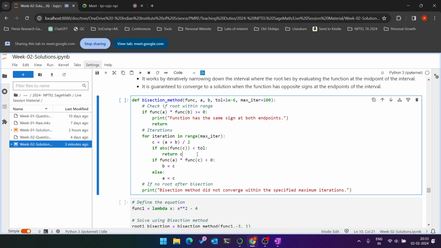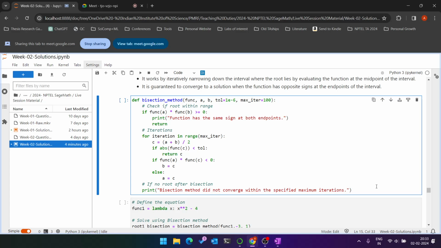If yes, return c. If not, we check whether the signs are opposite for the interval a comma c or for the interval c comma b, and based on that, reassign a and b. If even after completing all our iterations we do not get anything, we just print that it did not converge within our specified maximum iterations.